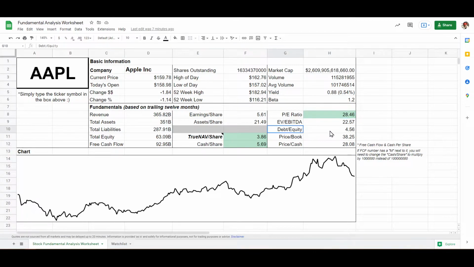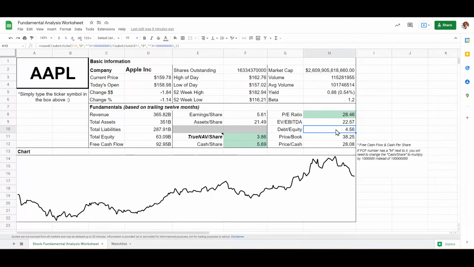We're also calculating the debt to equity ratio, and so we're essentially taking the number of liabilities and dividing it by the equity. You obviously want to see lower debt to equity ratios. You do not want to see a company over levered, right? So this typically is taking into account the amount of leverage that a company is taking on.